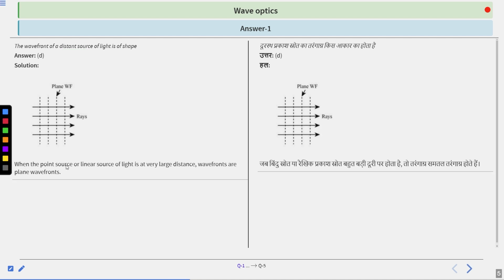When the point source or linear source of light is at a very large distance, suppose the rays come from infinity, in that case the wavefronts are plane wavefronts. So option D is correct.